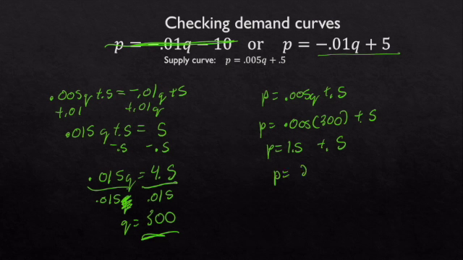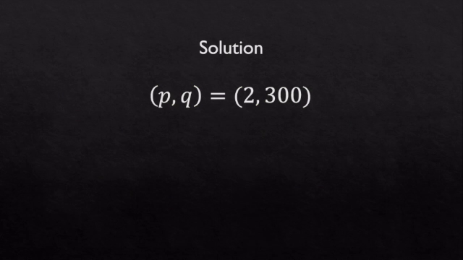So p equals 2. In this case, it's $2, right? So our point where we reach an equilibrium is when the price is 2 and the quantity available is 300. And there's our lovely solution.